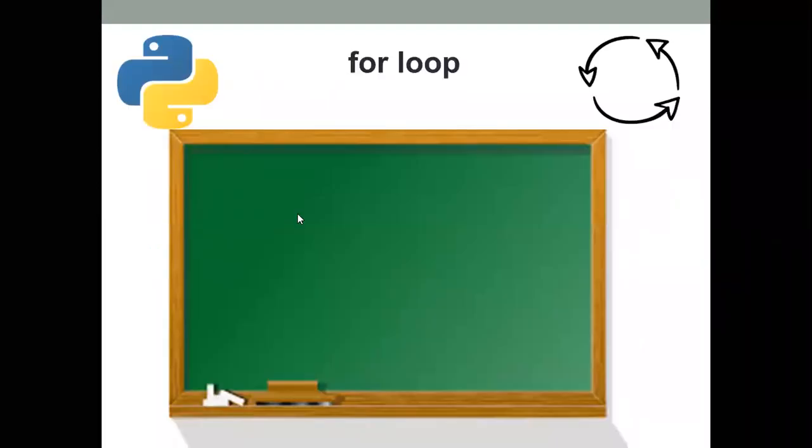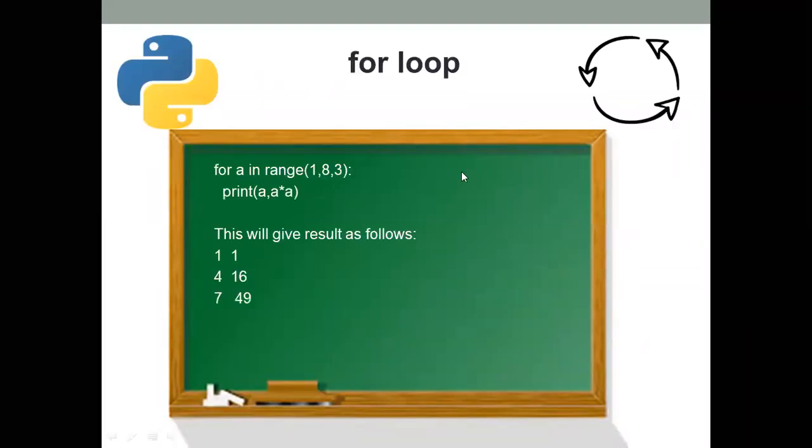We have one more topic based on the for loop. This is for in range. Now we are using range, and the range function will create a list as per the parameters. It means start from 1, then comma, and the step is 3, so 1 plus 3 is 4, then 4 plus 3 is 7.